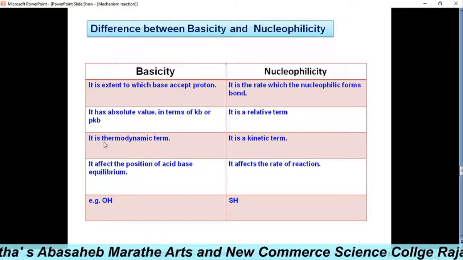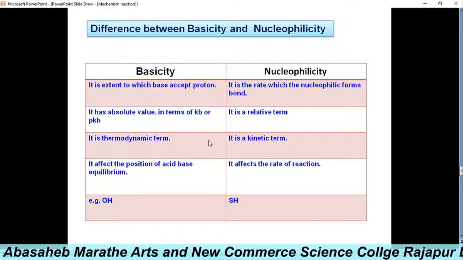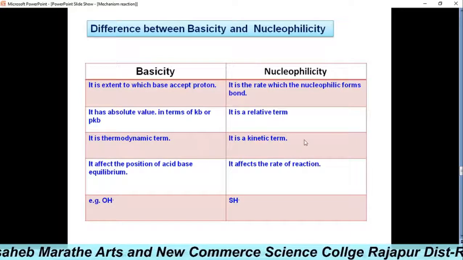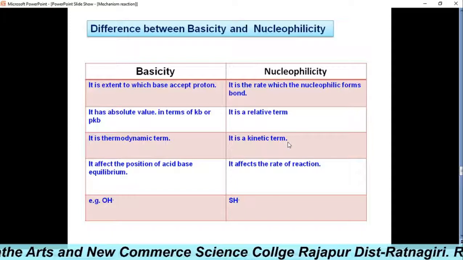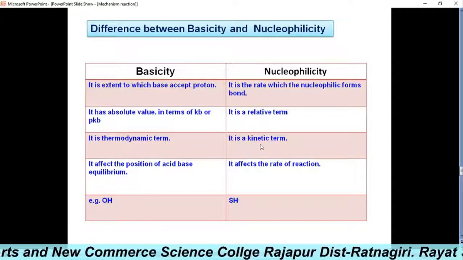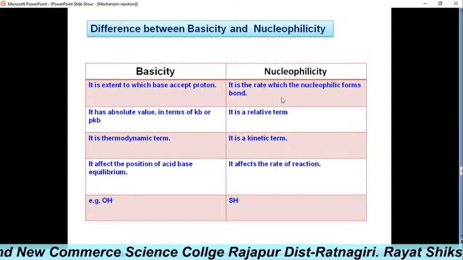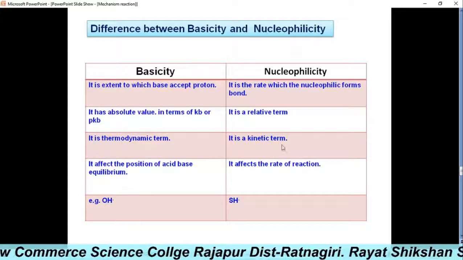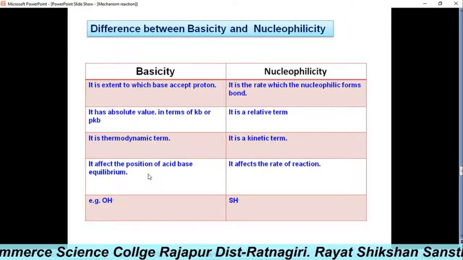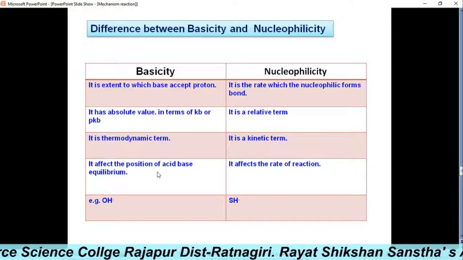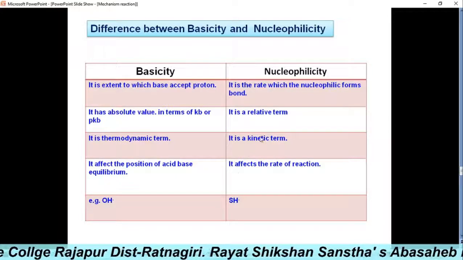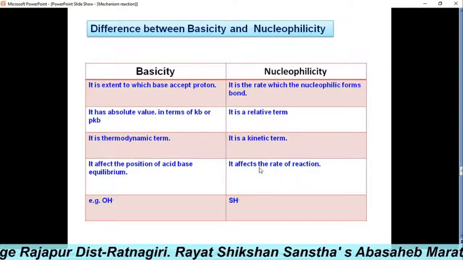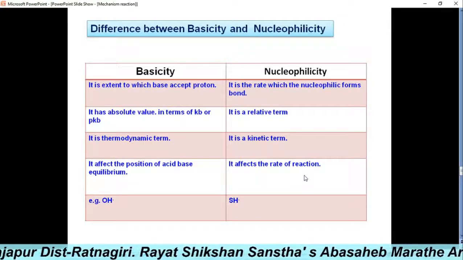Basicity is a thermodynamic term, and nucleophilicity is a kinetic term, which means it measures the rate of reaction. Basicity affects the position of acid-base equilibrium, and nucleophilicity affects the rate of reaction.